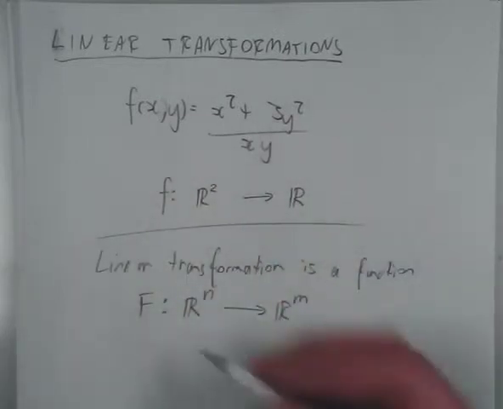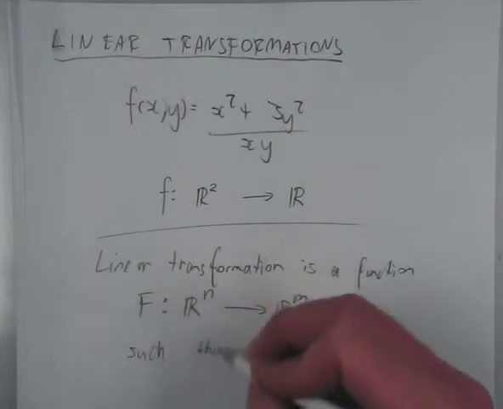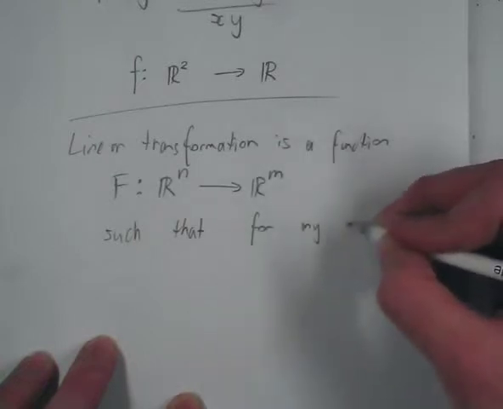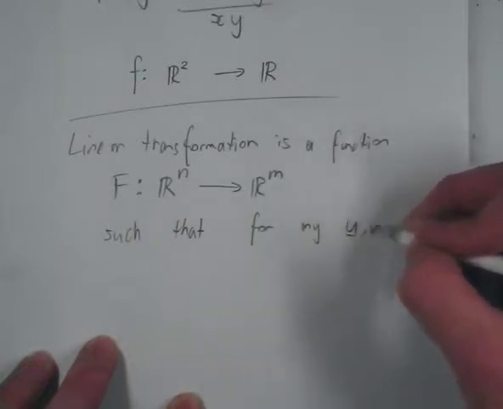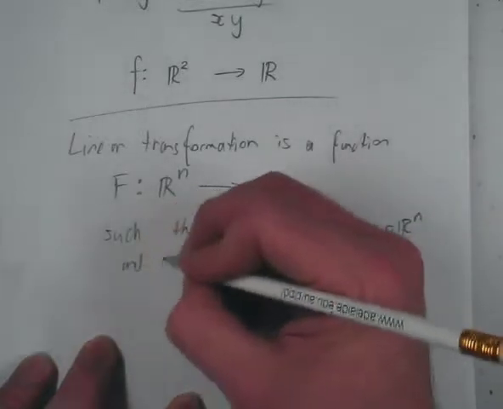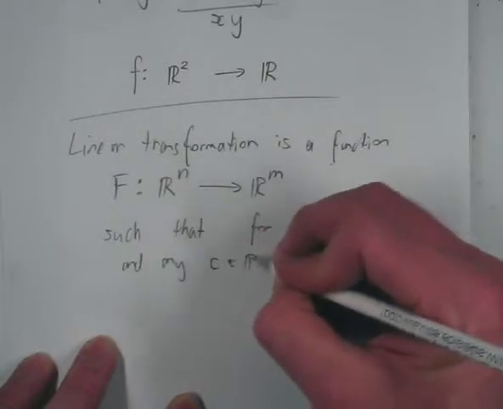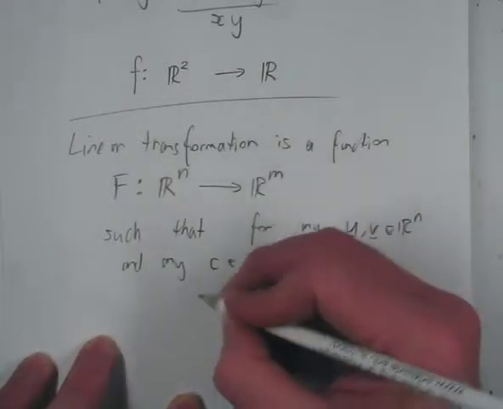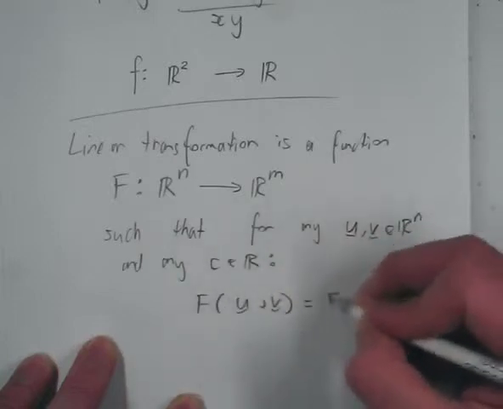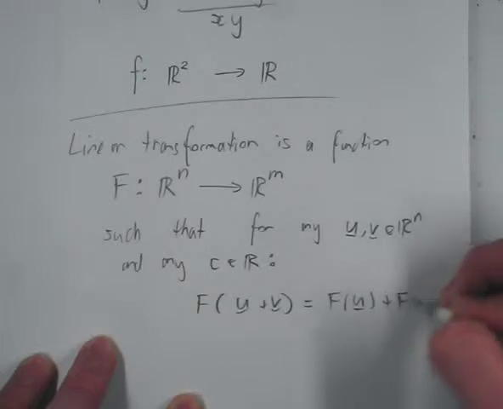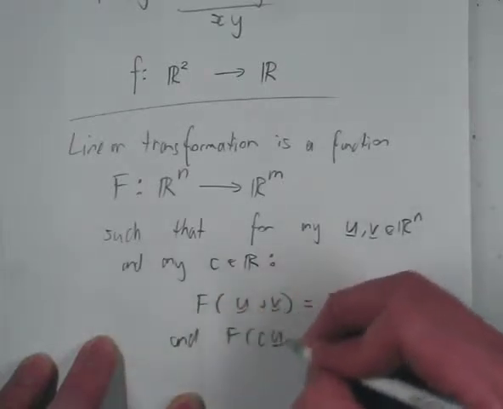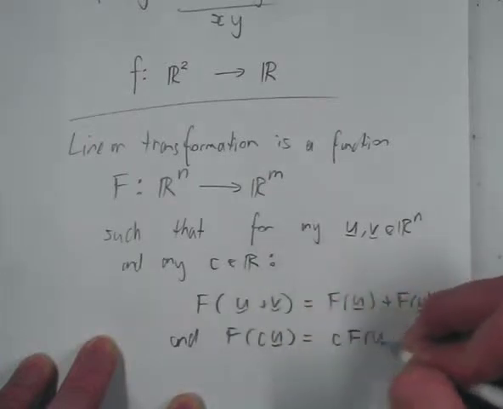And it has these properties, such that for any u and v in Rn and any c in R, we have that f of u plus v is f of u plus f of v, and f of cu is c f of u.